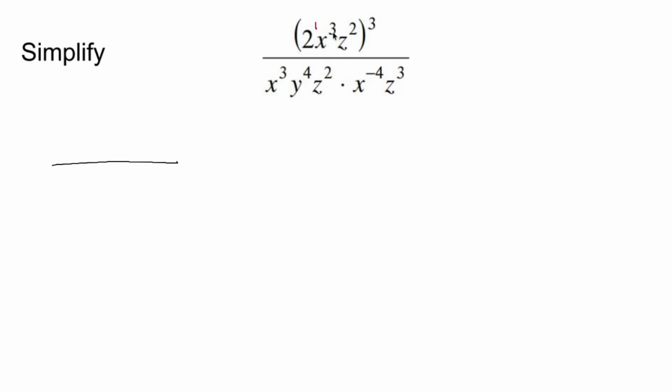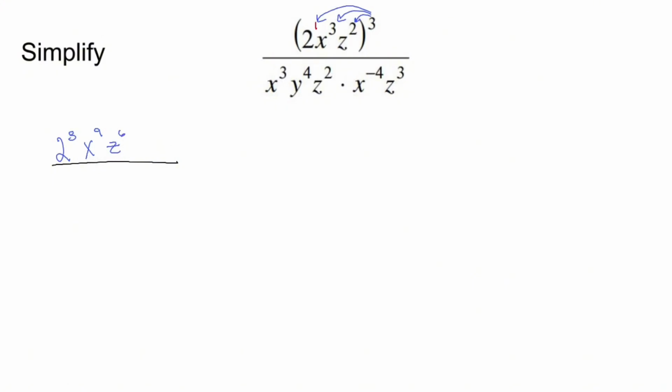So yes, I'm going to put an invisible 1 there. When you take a parentheses to an exponent, you distribute that exponent to every exponent here and multiply the exponents. So 3 times 1 becomes 2 to the third. 3 times x to the third becomes x to the ninth, and 3 times z squared is going to be z to the sixth.